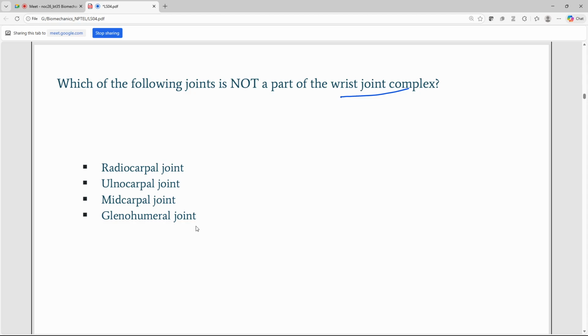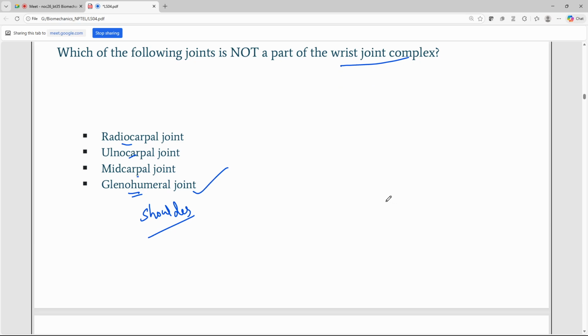Yes, the answer is the glenohumeral joint, because it is in the shoulder. It is not part of the wrist joint complex, whereas the radiocarpal, ulnocarpal, and midcarpal joints are.